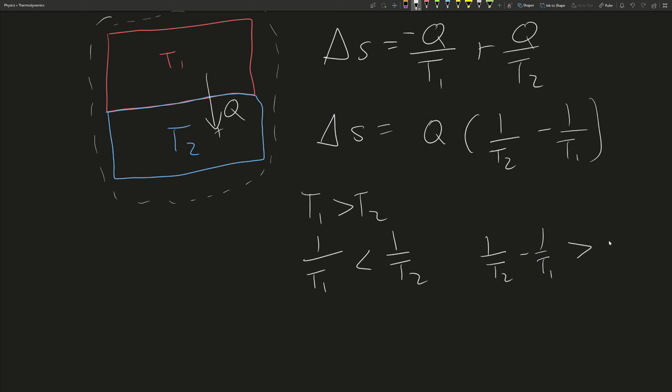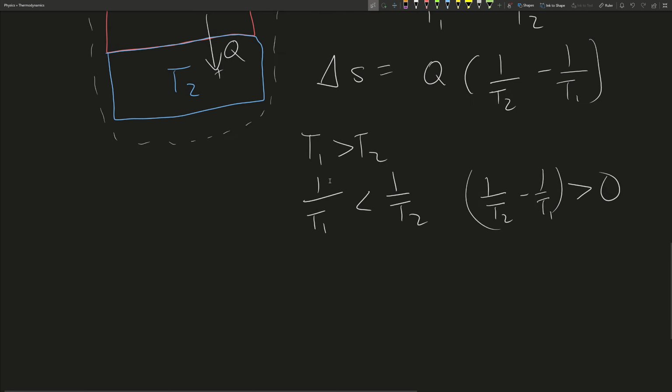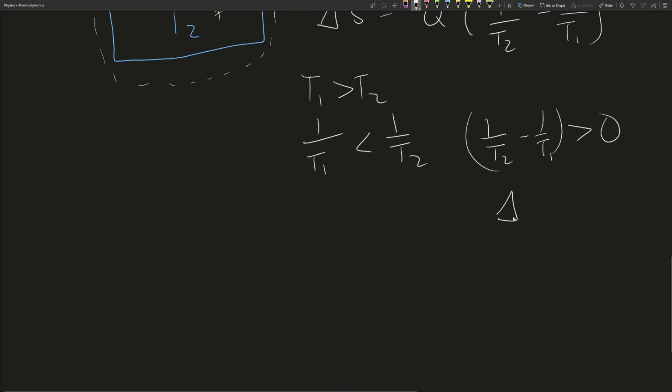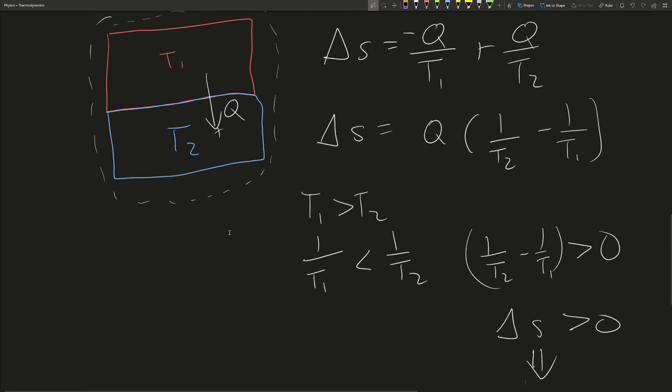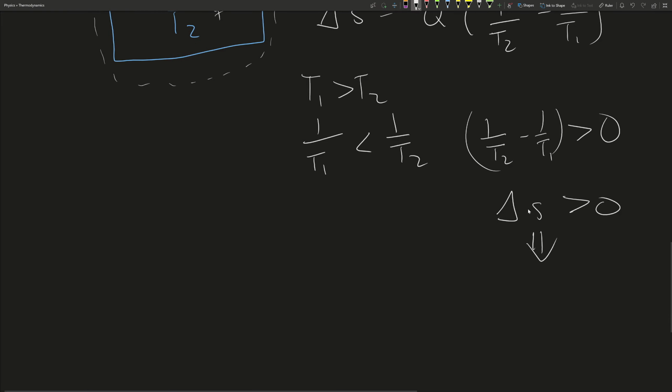So this is greater than 0. And then we know by the second law that the change in entropy also has to be greater than 0. So from this equation, since this is greater than 0 and this is greater than 0, we know that Q also has to be positive.